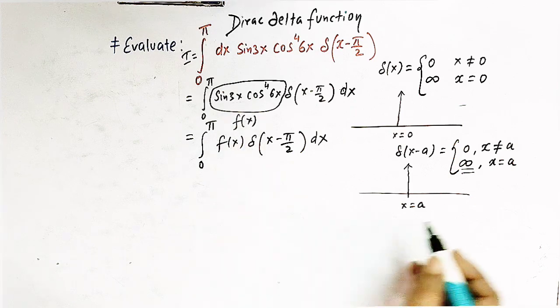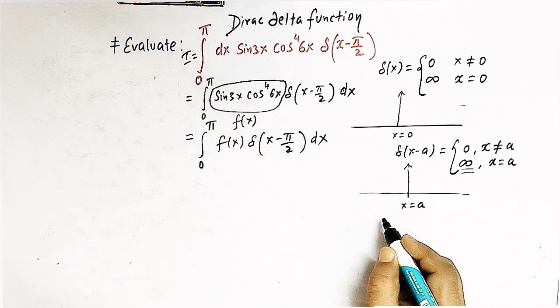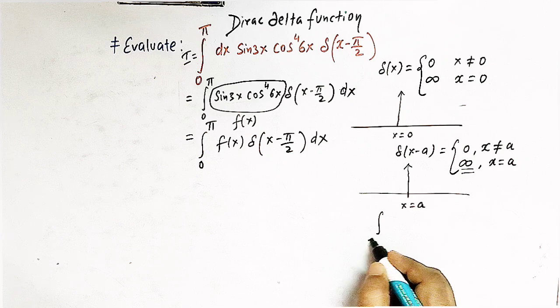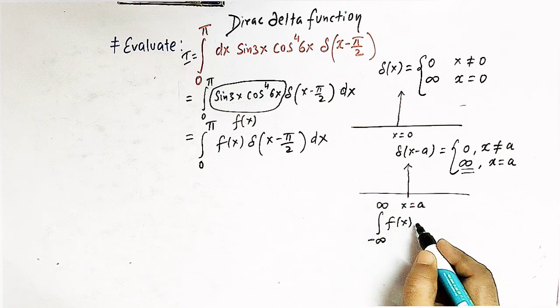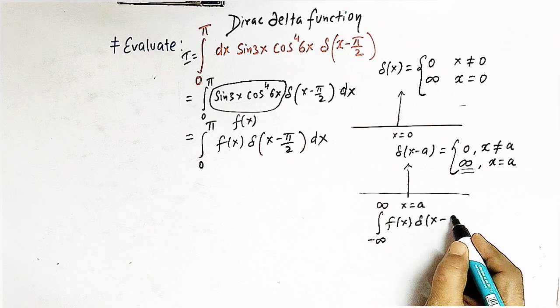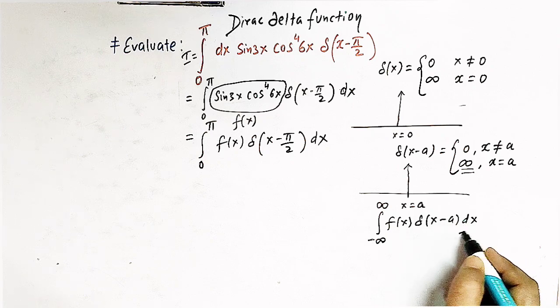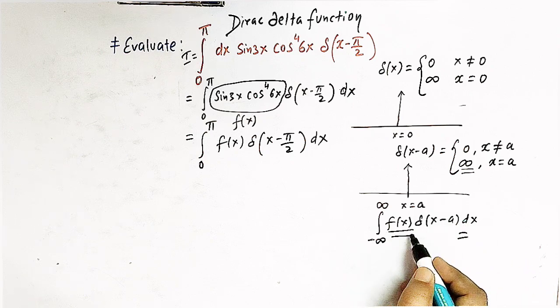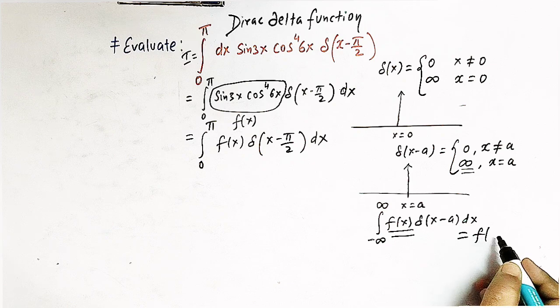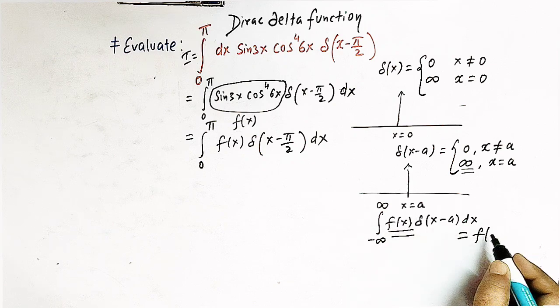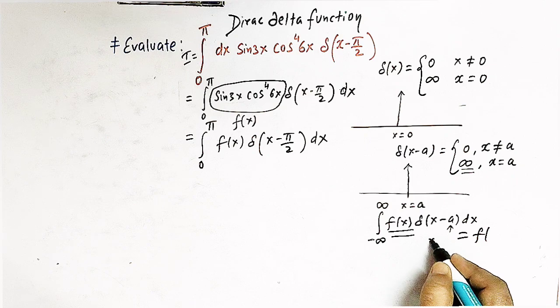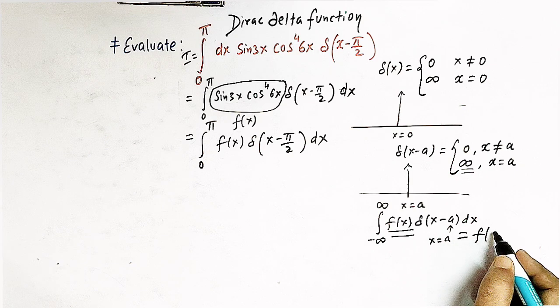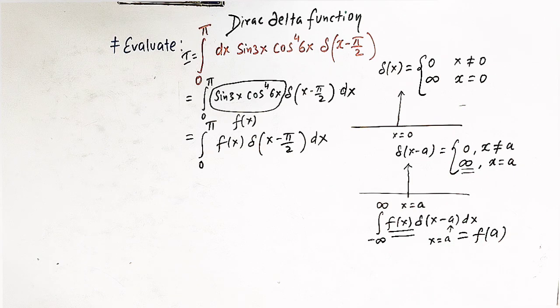Now see, from the definition of the delta function, we know that if we have a function f of x associated with the delta function, then the value of this integral is equal to the value of this function f of x at this point, that is x equal to a. So here we have f of a.